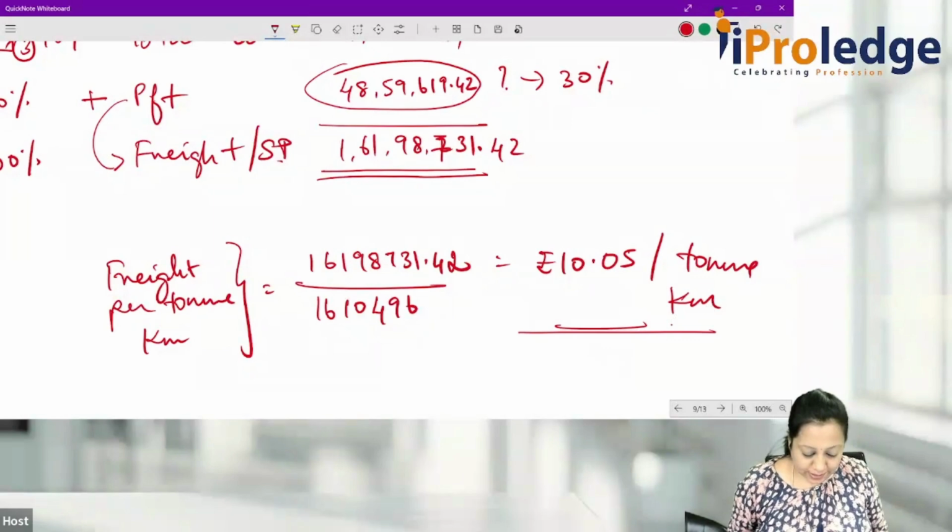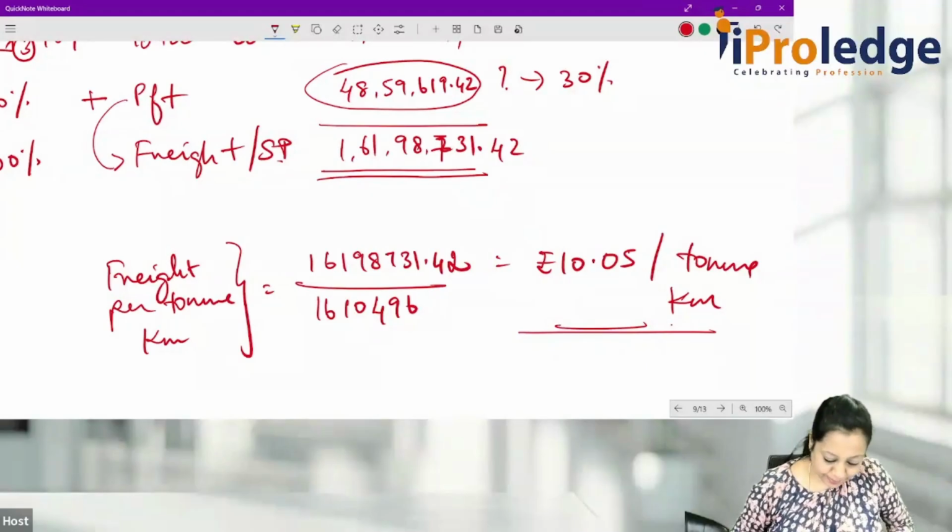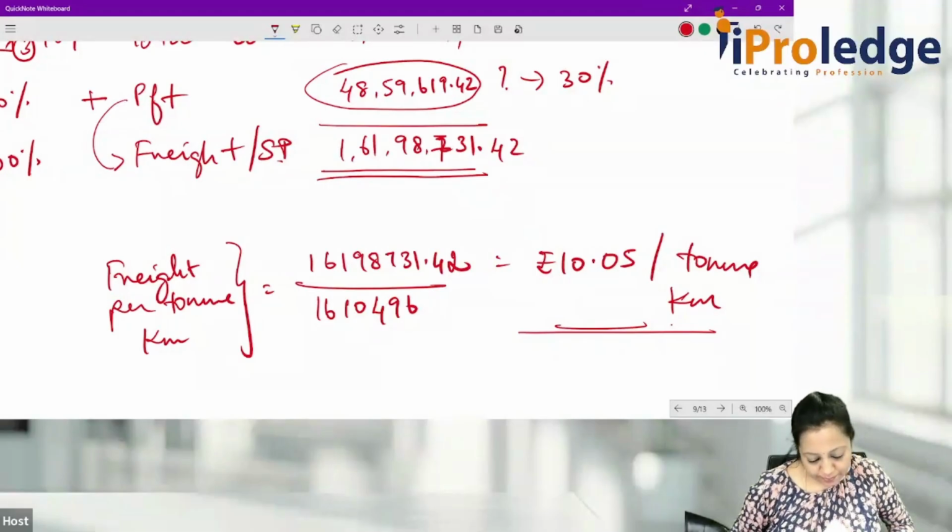Next question is based on this BEP. Yeah, right. No problem. You can always separate the charges as standing and running. But to save time, we have done like this.